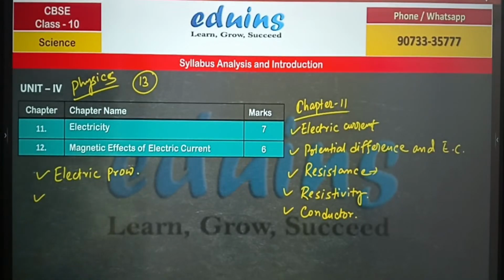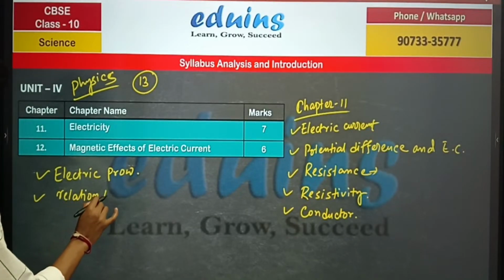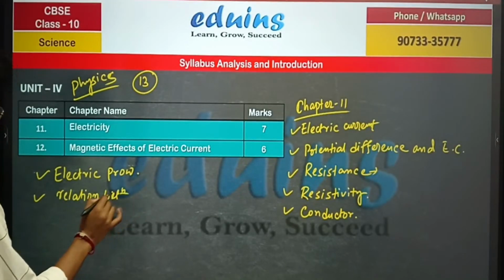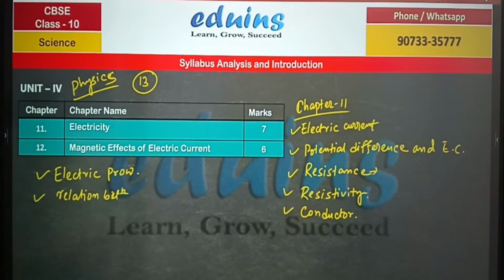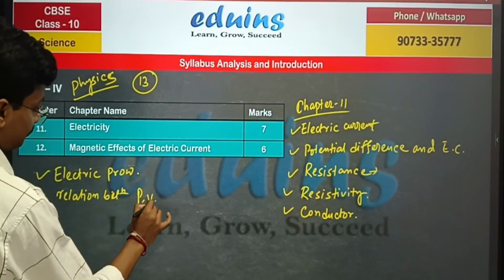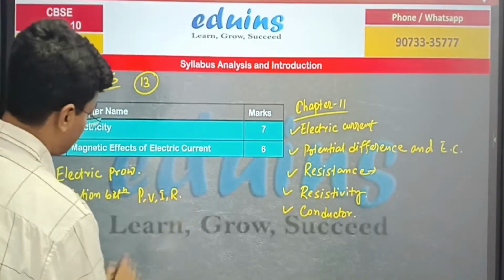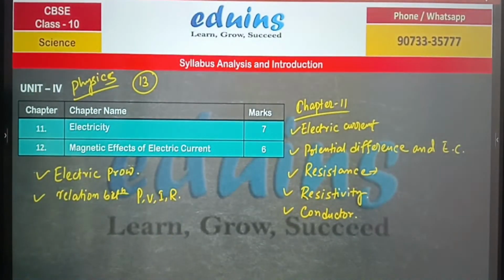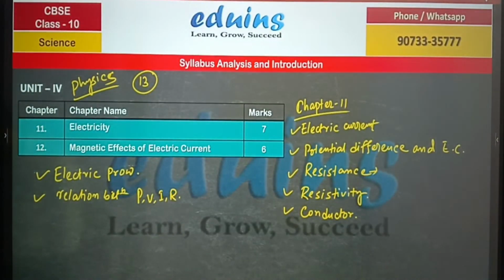Then we will study the relation between P, V, I and R. Clear?